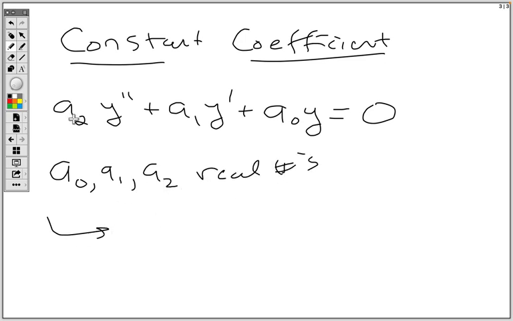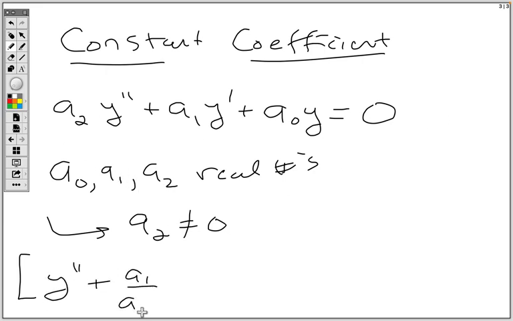And to make sure we have a second order equation, we're going to specify that a2 isn't 0. And notice if a2 isn't 0, we can go ahead and divide through by a2, and we can put it into the form y double prime plus a1 over a2 y prime plus a naught over a2 y equals 0, which is in the form of the linear equations we had last week.